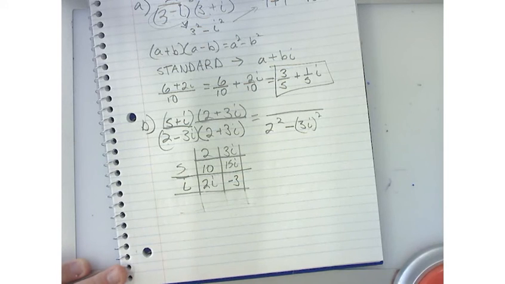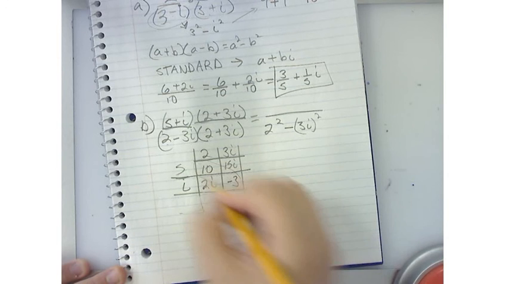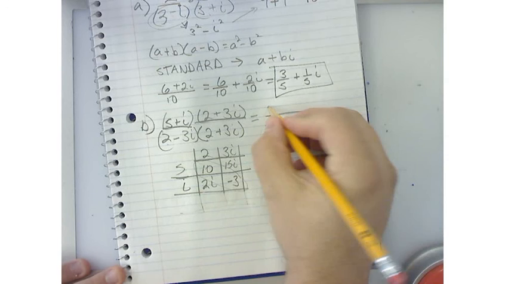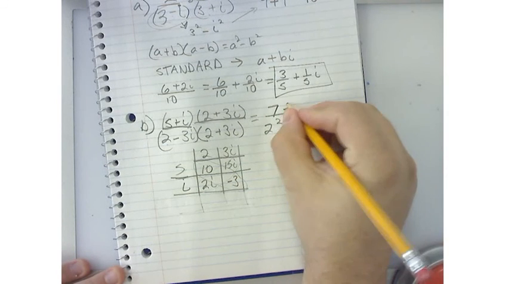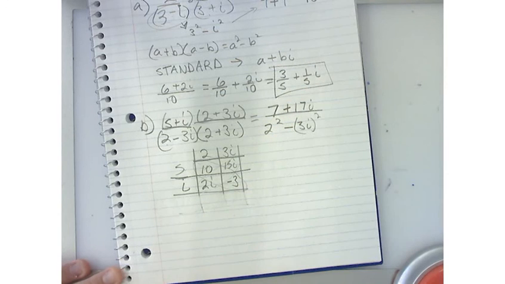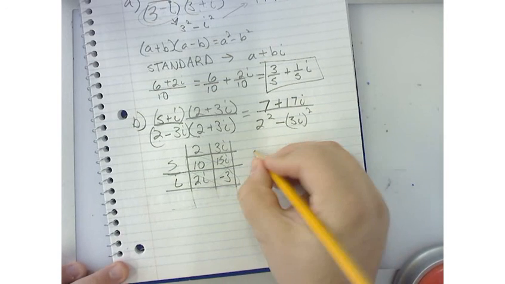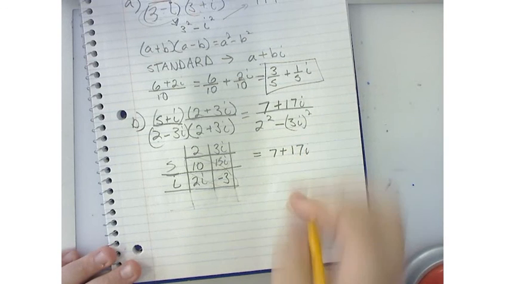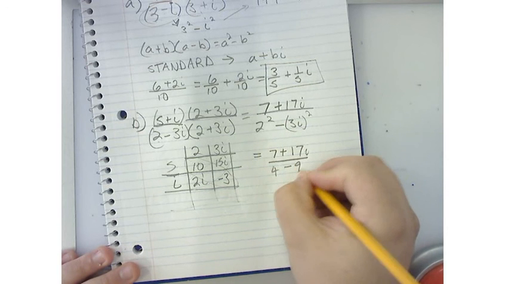So then this whole answer is going to be, now here's something you don't get to do very often, 10 minus 3 is 7, and then 15 plus 2 is 17. So my numerator is going to be 7 plus 17i. On the next line, I've got 7 plus 17i all over 4 minus 9 times i squared.